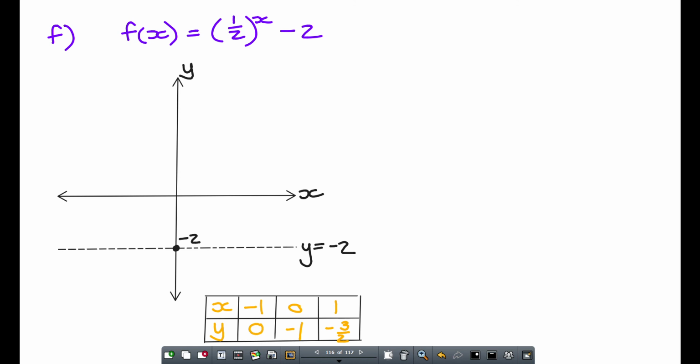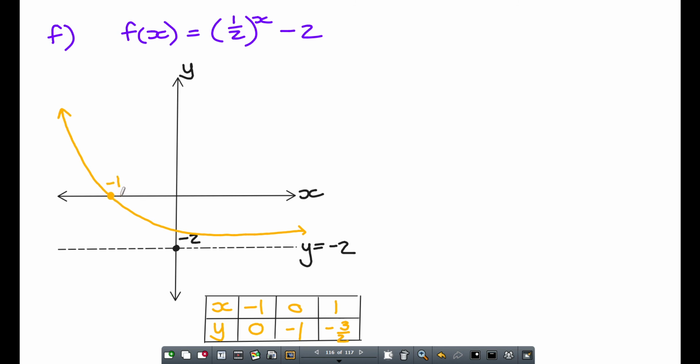Sorry, the space is a bit less. Okay, again, because that is a fraction, my graph is going to face that way. Okay, so let's plot our points.